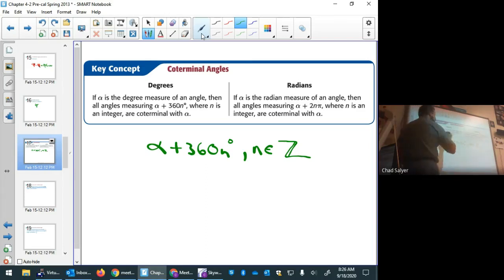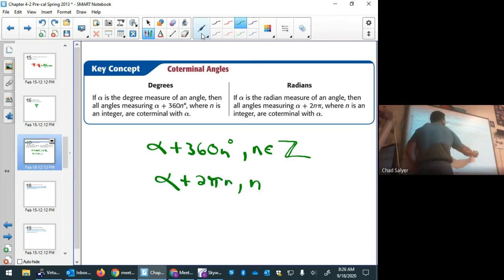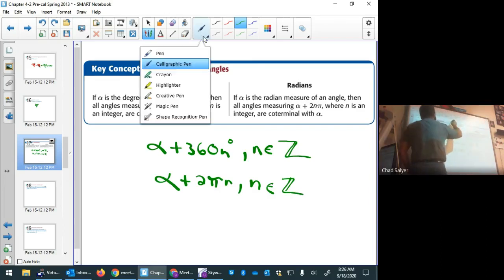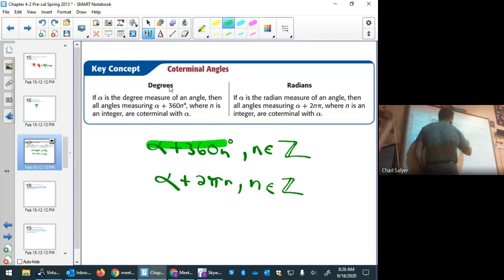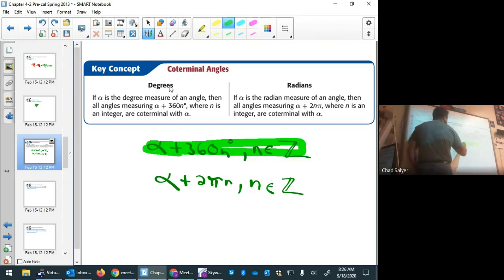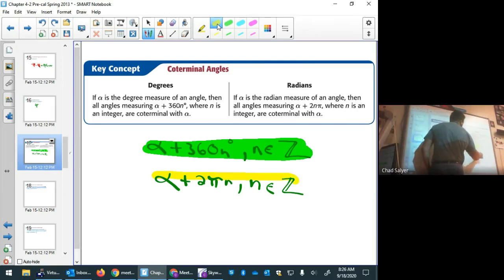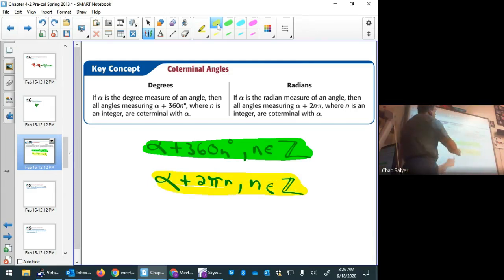If you're dealing with alpha in radians, it's going to be alpha plus 2 pi n, where n is an integer. So when you're dealing with degrees, it's going to look like the top one. When you're dealing with radians, it's going to look like this one. That's how we find coterminal angles.